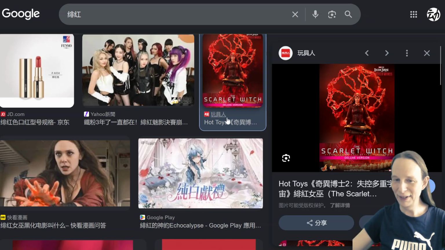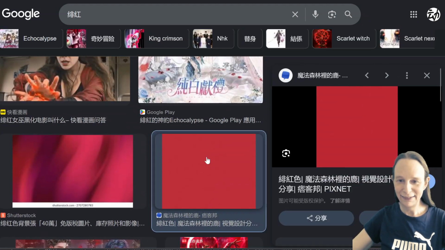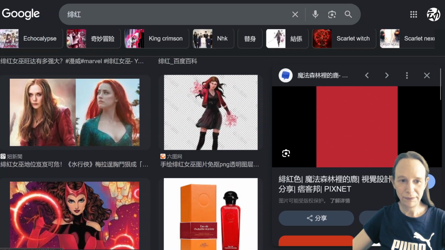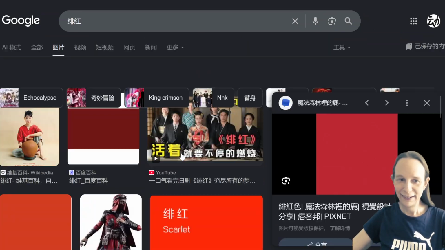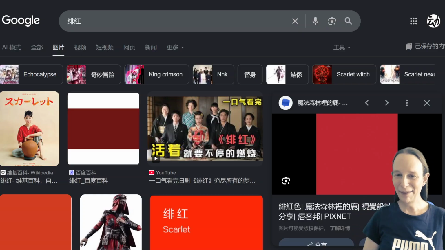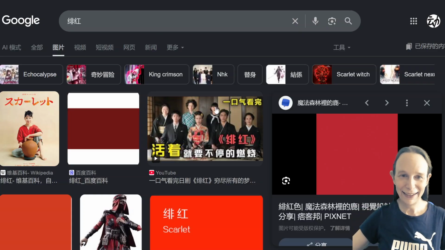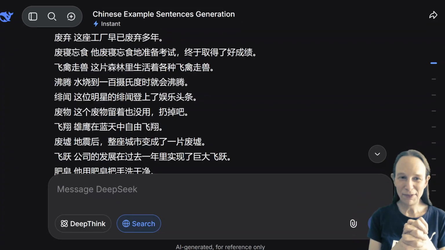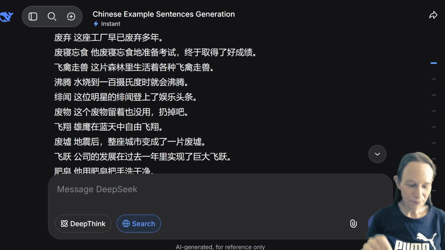I think it's a little bit more dark. Maybe this? 绯红色. I don't know. I'm a bit colorblind, so I can have a bit of trouble with reds anyway. Honestly, I have more trouble with browns. Sometimes brown looks red to me.